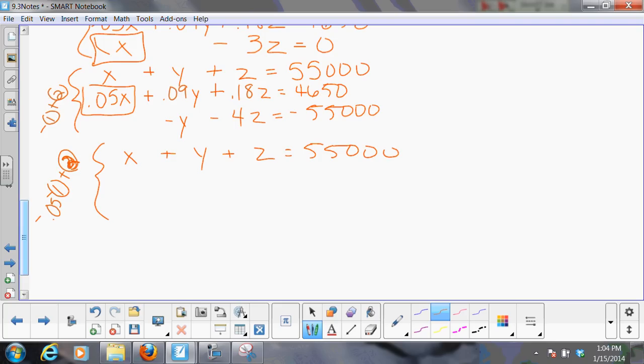Negative 0.05 plus 0.09 is 0.04y. Negative 0.05 plus 0.18 is positive 0.13. Negative 0.05 times 55,000 plus 4650 is 1,900. And then we have row 3 still.